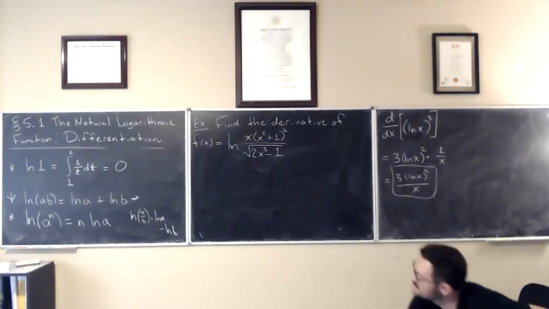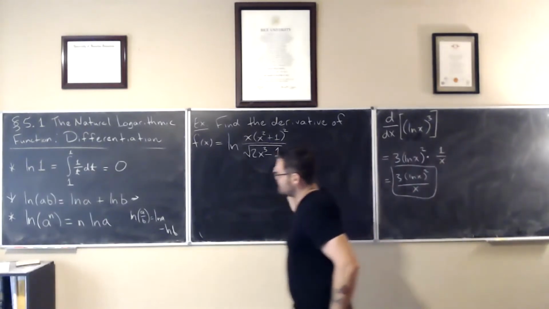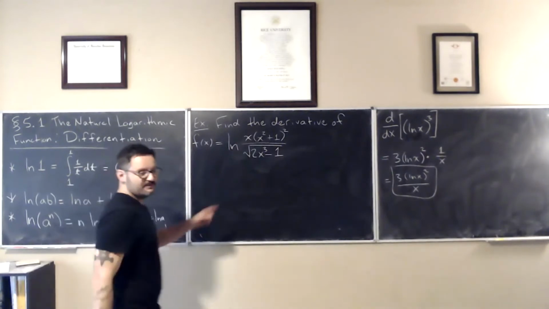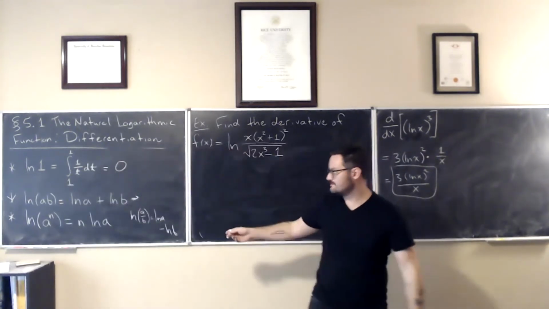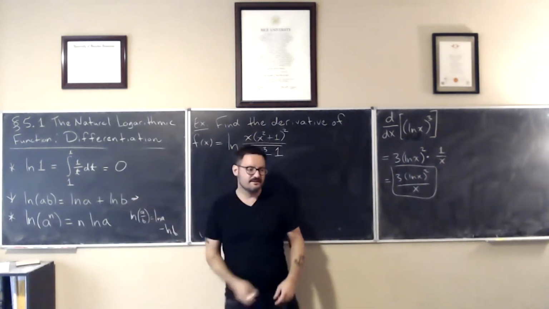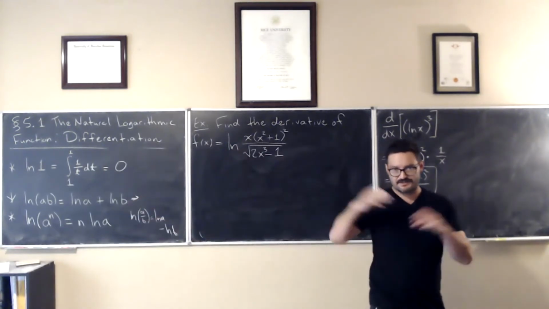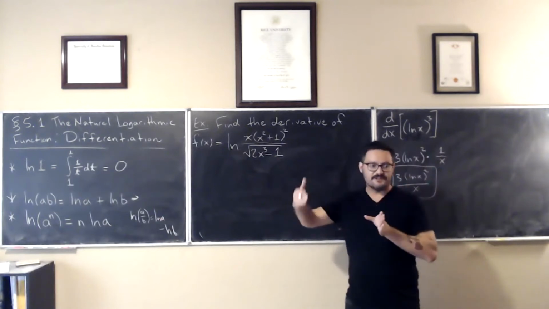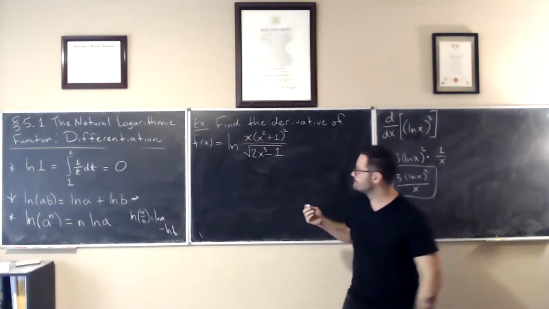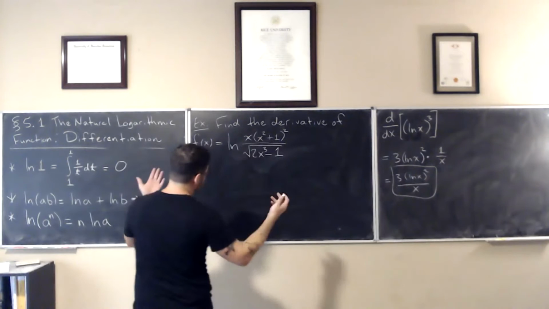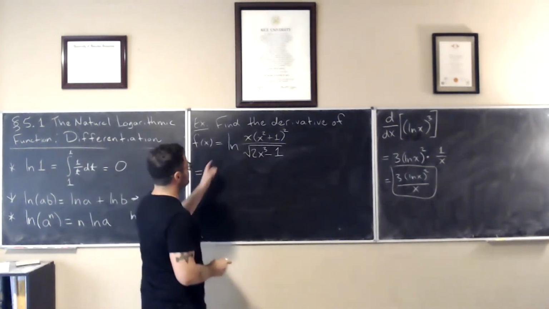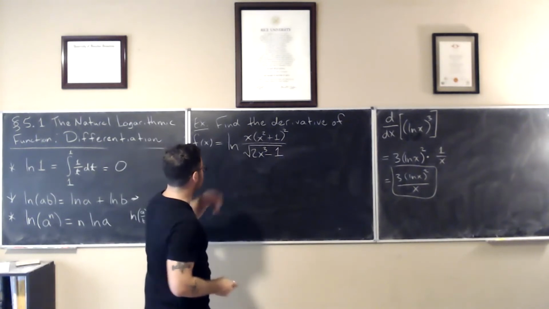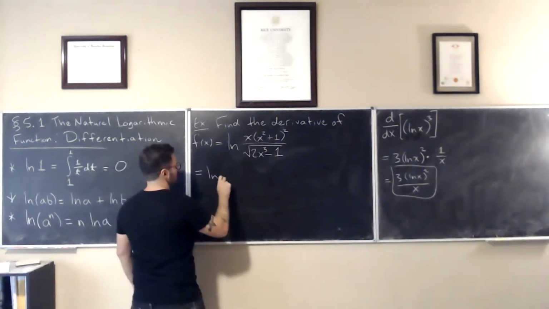All right. So the way that I would do this is I would definitely expand this as much as I can first, using that or that or that. And then after it's expanded as much as I can, then I take the derivative. Okay. So immediately I see that this function, before taking any derivative, is equal to this.